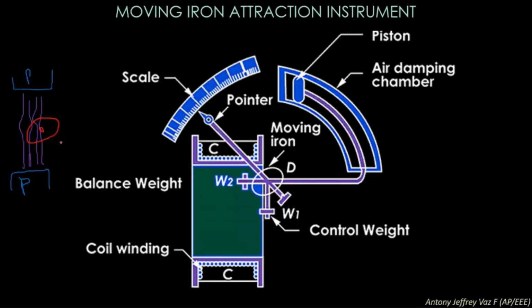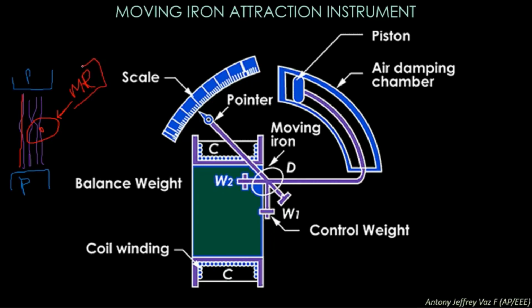Okay, now what happens here is this moving iron has a tendency to rotate or deflect, or it will move to a position where there is minimum reluctance. Okay, the reluctance term represents the opposition to the magnetic field. So you know that the magnetic field is present here. This disc will move, rotating the shaft to a position where minimum reluctance is present.